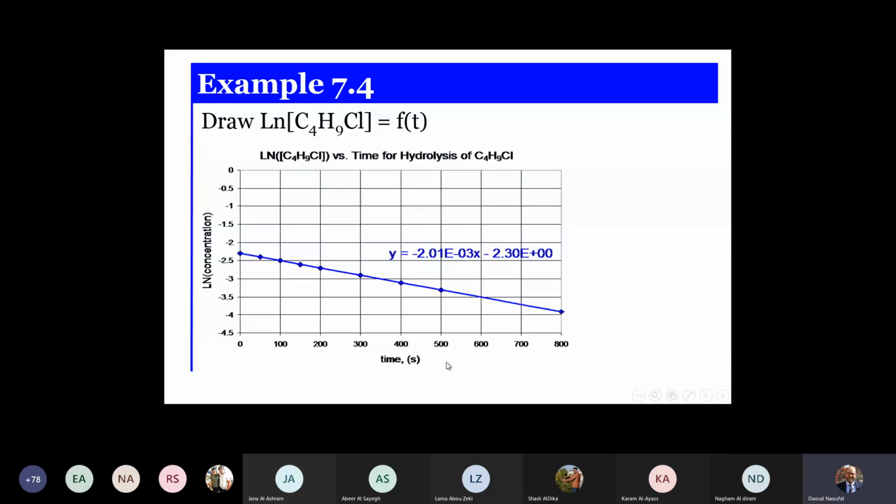So the relation ln At equals ln A0 minus kt is justified. So the reaction is of order 1 and the slope of the line is equal to minus k. The slope is equal to minus k, so k equals 2 times 10 to the power minus 3 second to the power minus 1. I will talk about the unit of k later, according to the order of the reaction. So now we stop. It is not necessary to draw 1 over A as a function of time, since we proved that this reaction is of first order.